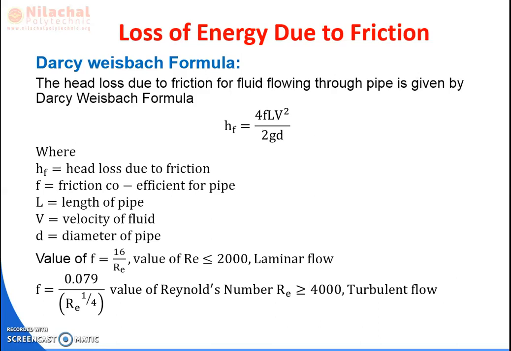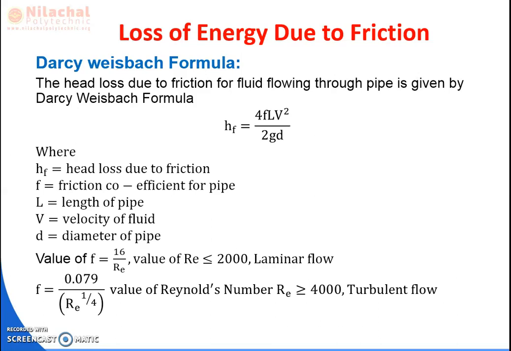While considering the friction factor, in your problem it will be given that the kinematic viscosity of the fluid is in stokes, the diameter of the pipe is given to you, and the velocity of water is also given to you. First of all, we have to find the value of the friction coefficient.